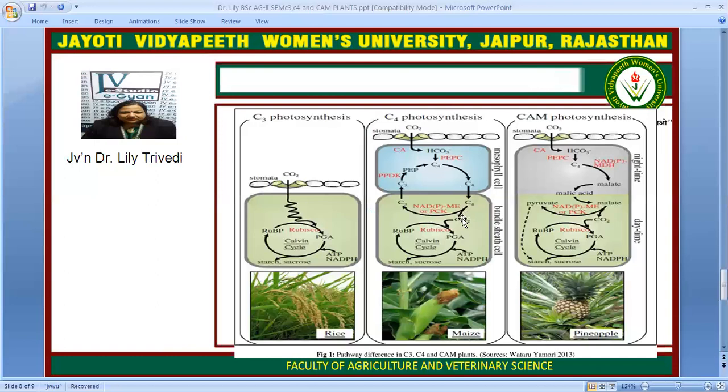Now this is releasing carbon dioxide and then it is entering into PGA, C3 compound. In the CAM photosynthesis, at night time, malic acid is created and the C4 compound is here. Then this malic acid is converted to malate, which releases carbon dioxide and again enters the C3 cycle, that is PGA. So here you can see this is the difference, and these are the examples of plants.